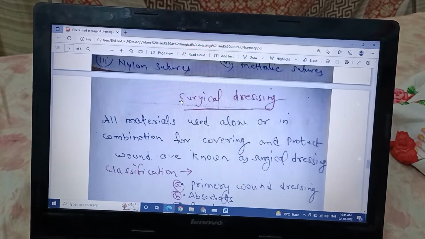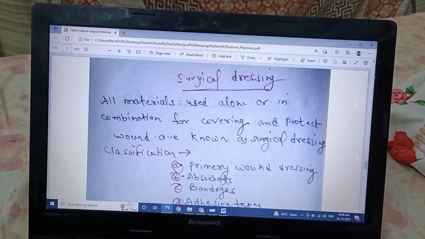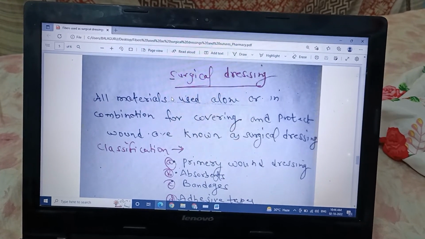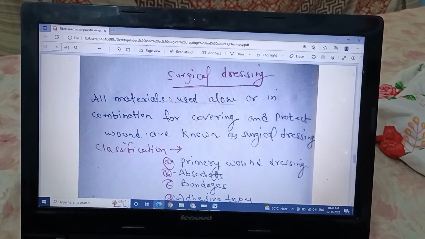Now, surgical dressing. What is surgical dressing? All materials used alone or in combination for covering and protecting a wound are known as surgical dressing.